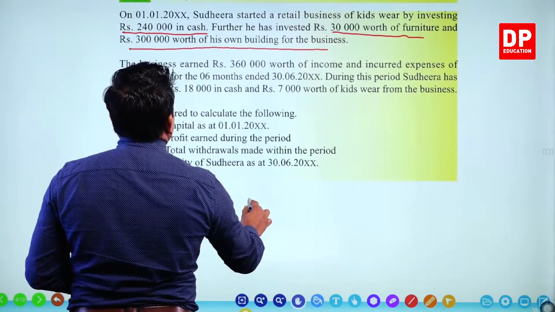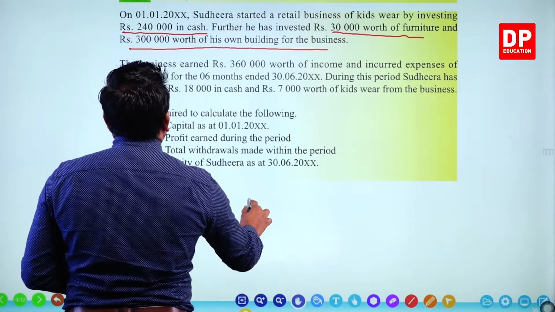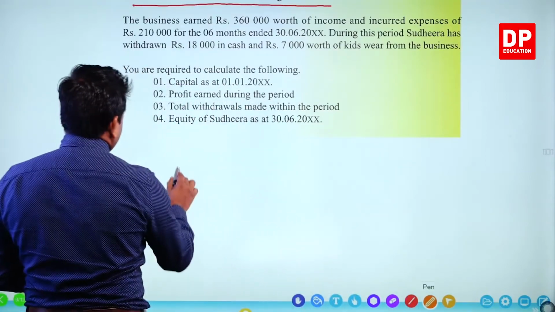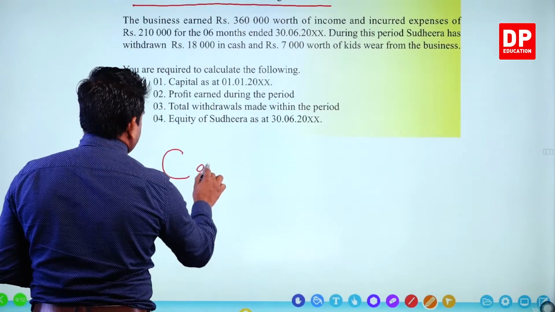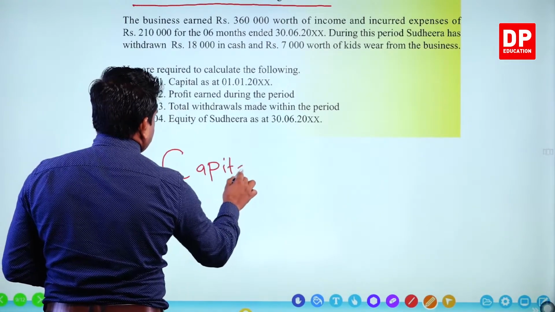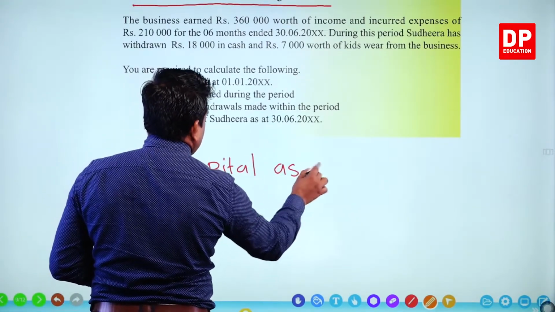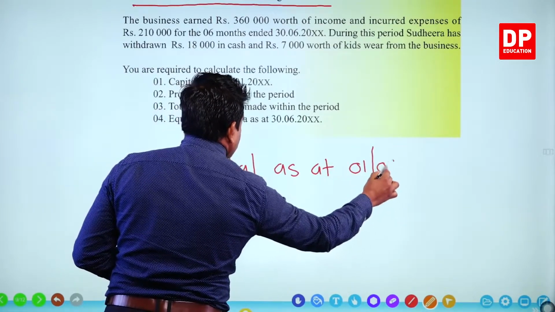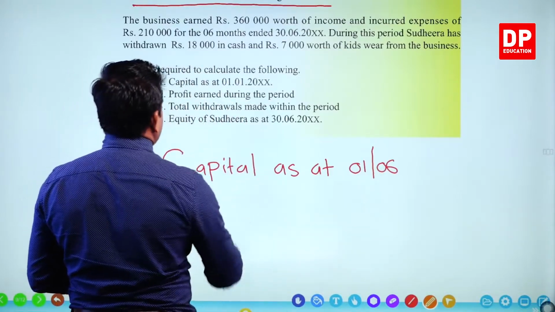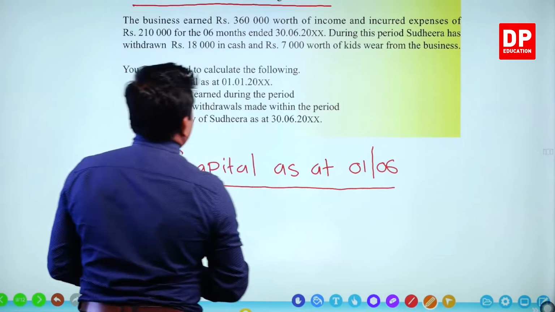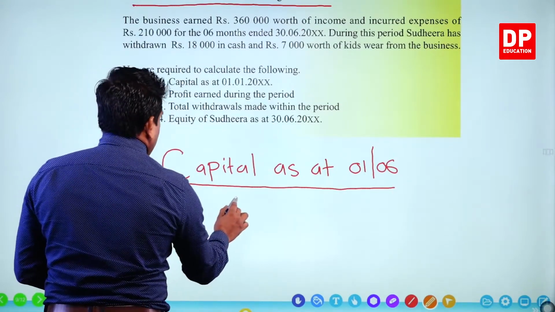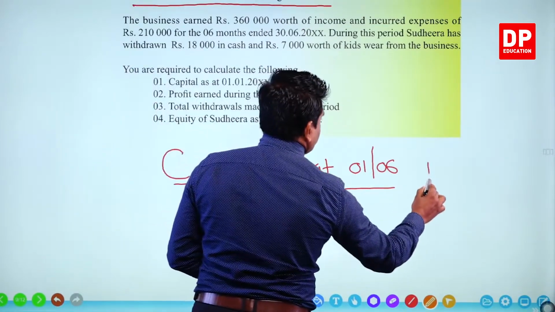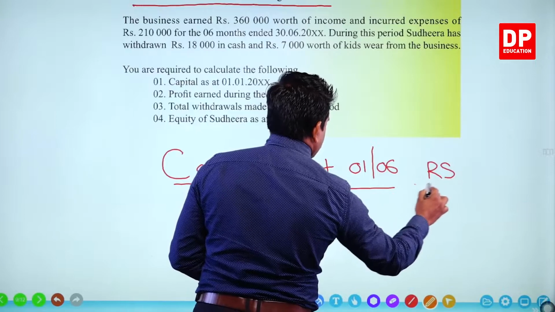See, 240,000 cash invested. Then capital as at 1st of January. What are the items he invested? Initially invested cash. You put rupees on the top, then it's easy.